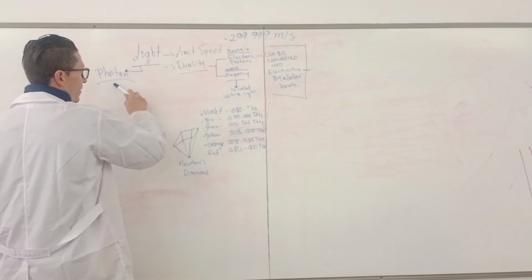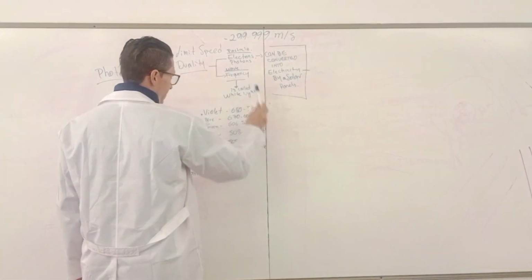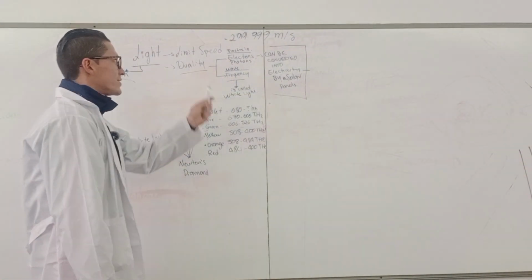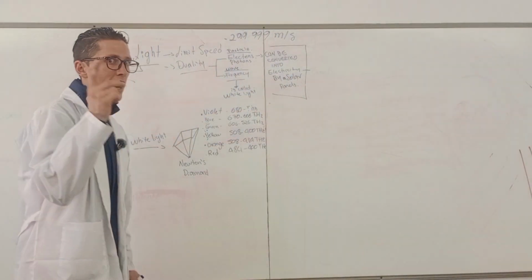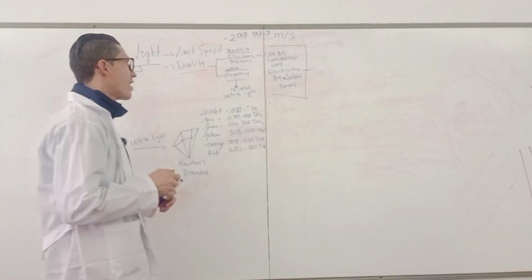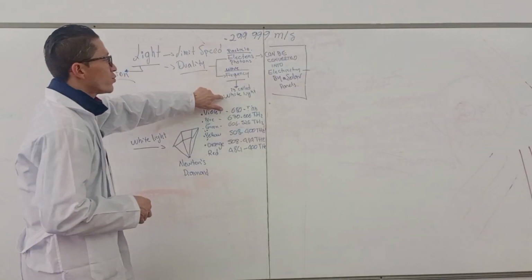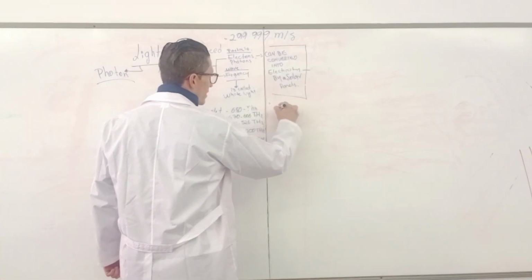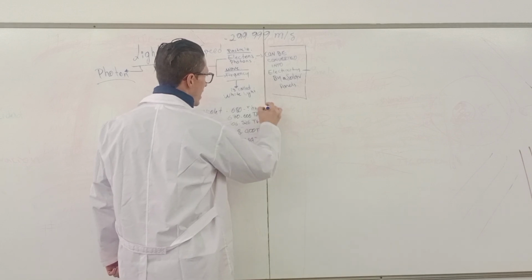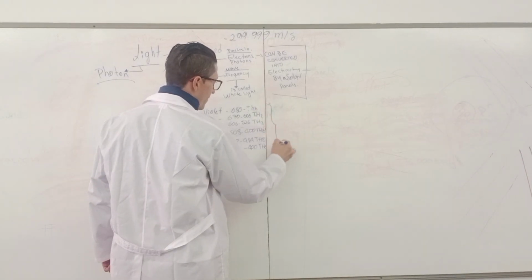If I want to see this in another way, frequency. Record this. And the solar light is white, right? Why is it white? Because white is a sum of all of them.